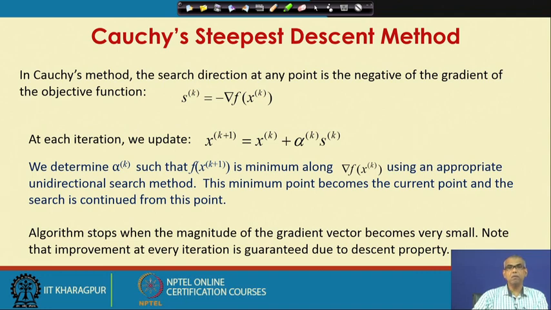So, alpha k is determined such that f of x k plus 1 is minimum in the search direction, and we can find this out using an appropriate unidirectional search method.